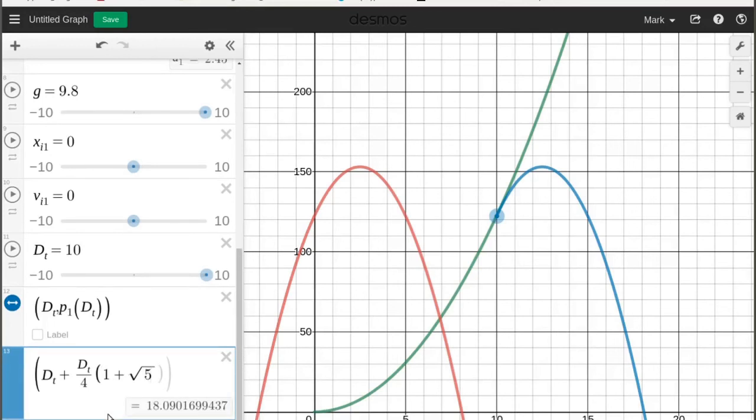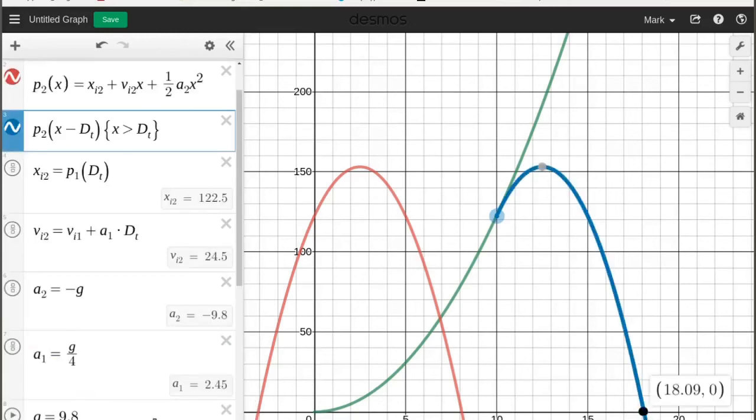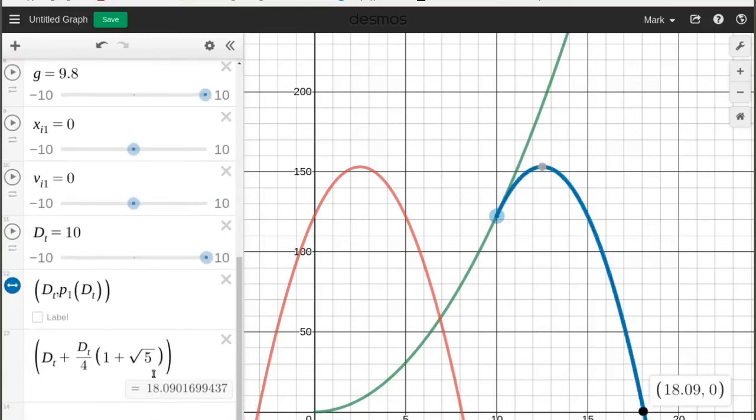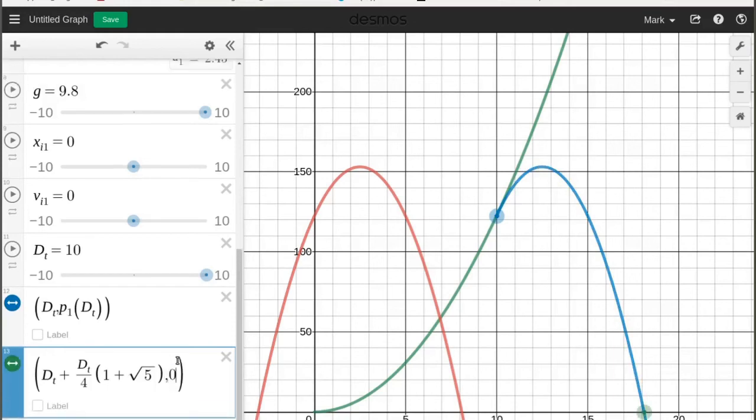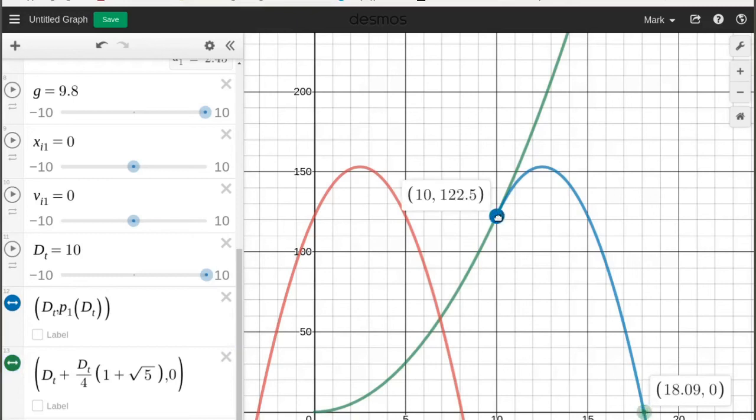See that 18.09? That's the same as that 18.09 right there. That's cool. And then if I put it in parentheses like that with comma 0, it makes a point right there showing that's the moment it hits the ground, and that's the moment where the sandbag lets go.